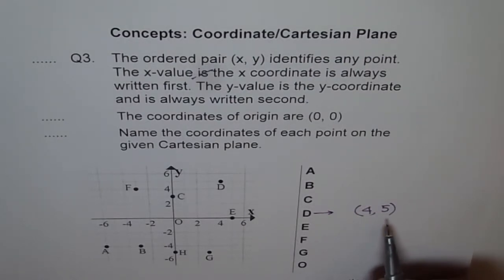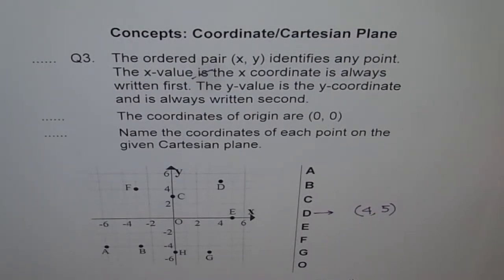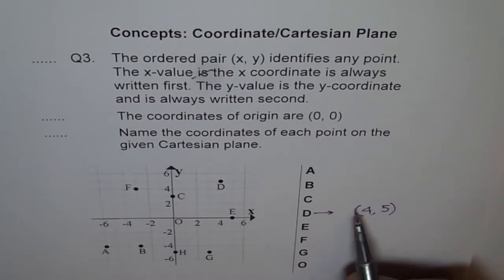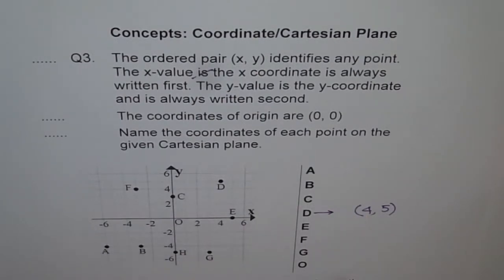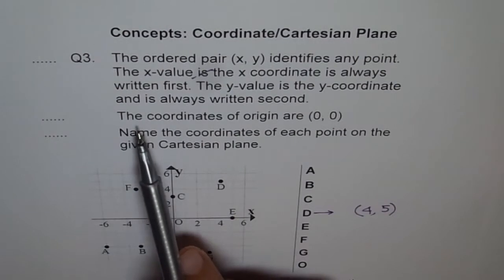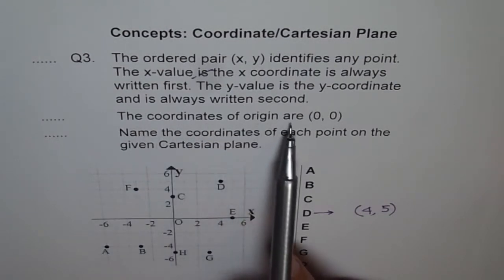That is how we get our ordered pair. And remember, ordered pairs are always put in parentheses. We'll give ordered pairs for each point. Now, the coordinates of the origin are (0, 0).